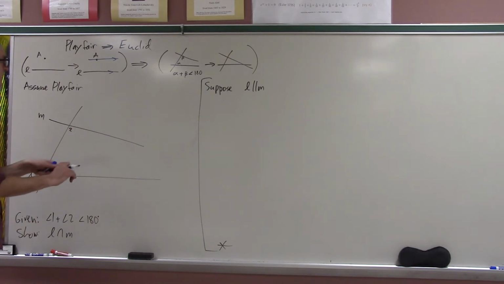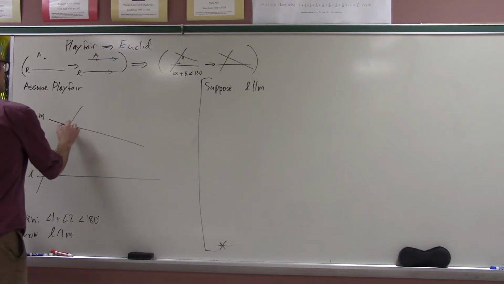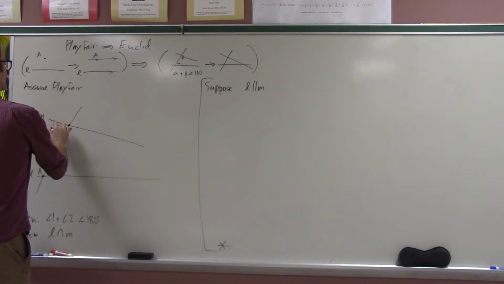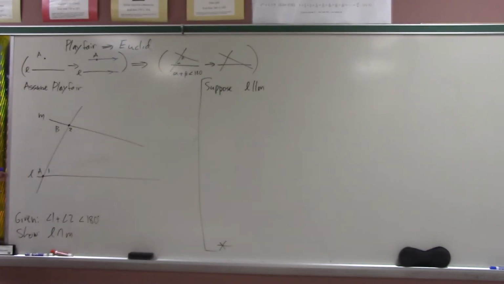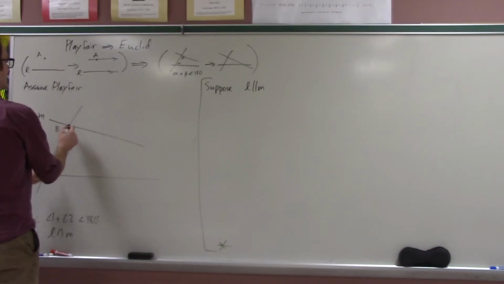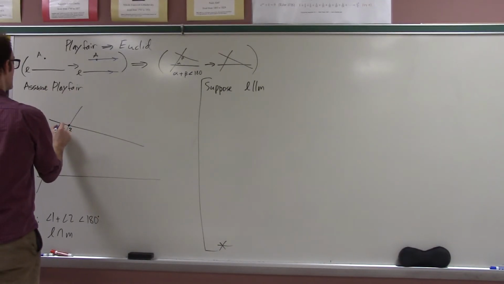Maybe we don't really need to do that. We can just go right in. So call this point A, call this point B. What I would like to do now is to copy this angle 1 up here. In other words, if 1 and 2 don't add up to 180, let's find the angle that does.